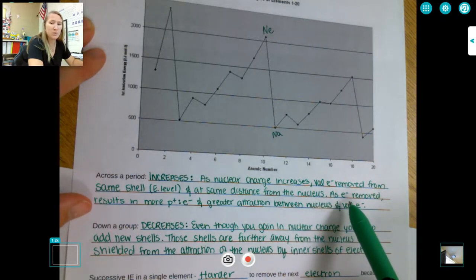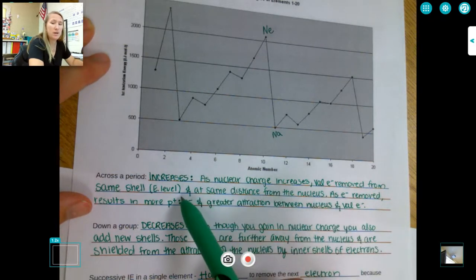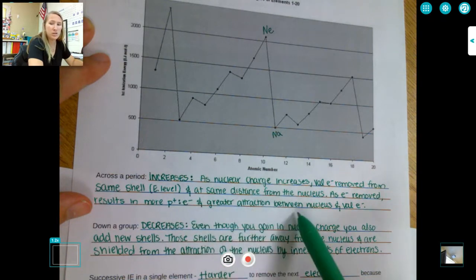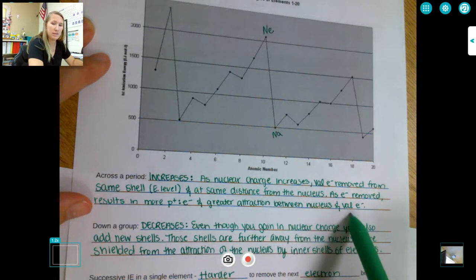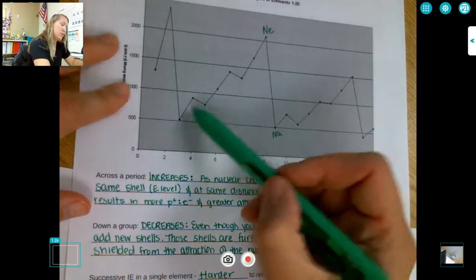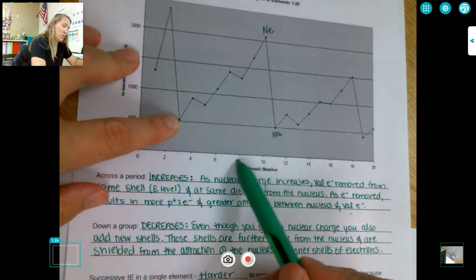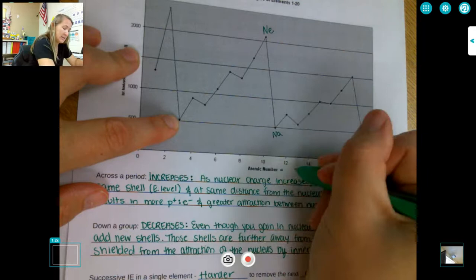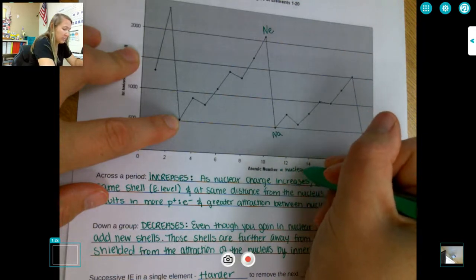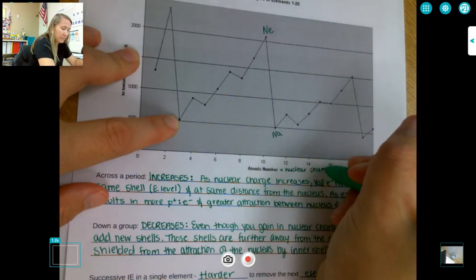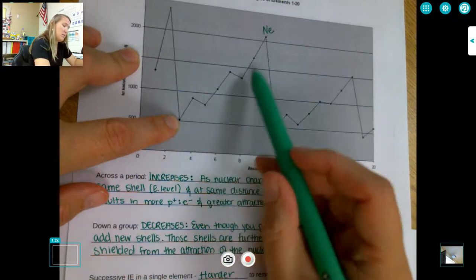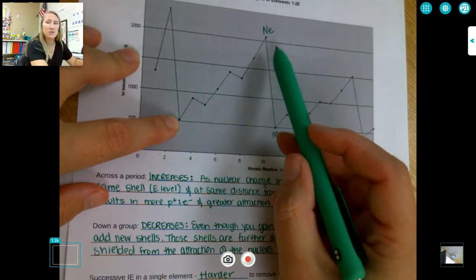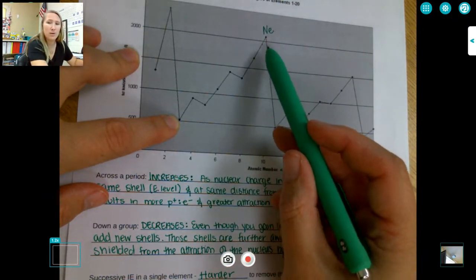So as electrons are removed, this results in a higher charge to electron ratio and greater attraction between my nucleus and my valence electrons. So I'm increasing my charge, right? Atomic number is the same as my nuclear charge. I'm increasing my nuclear charge while adding electrons to the same shell. Therefore, they're going to get more attraction.